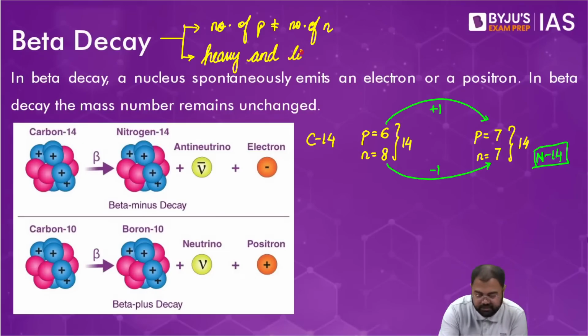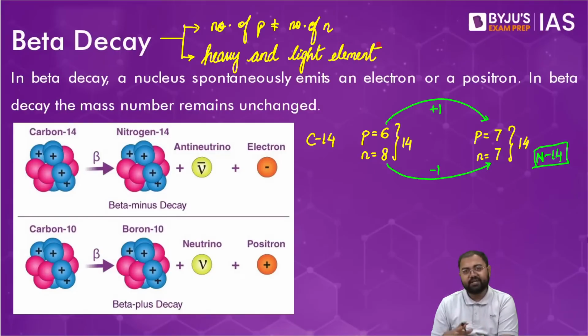It can happen in both heavy and lightweight elements, so there is no hard and fast rule. For example, in alpha decay, we know that it only happens when you have a very bulky nucleus. But here, wherever the number of protons and neutrons is not the same, it can happen. Whether it is a lightweight nucleus or a heavy nucleus doesn't matter. It can happen anywhere. So that is what we see with beta decay.